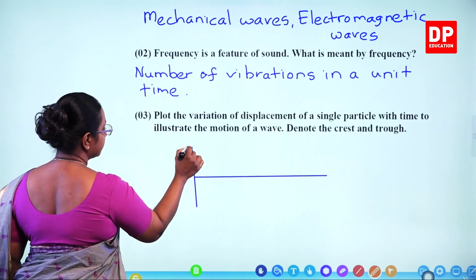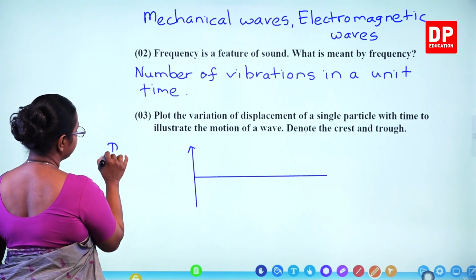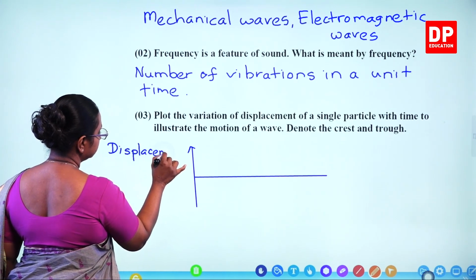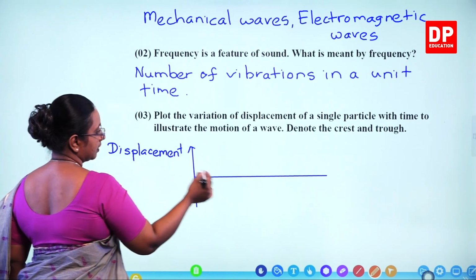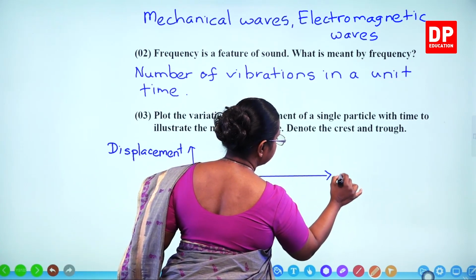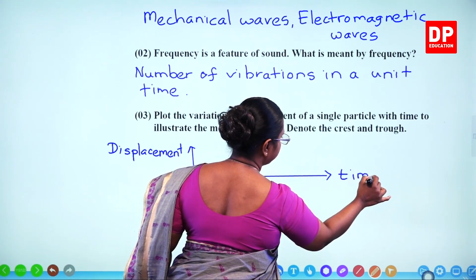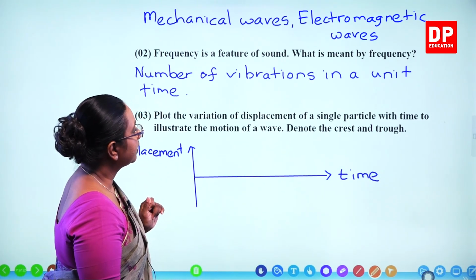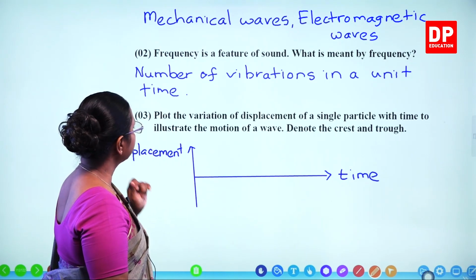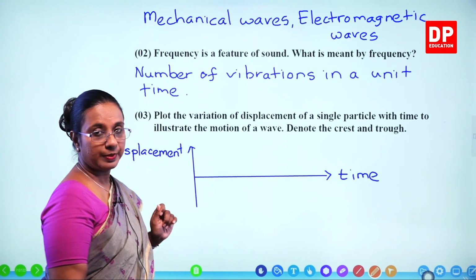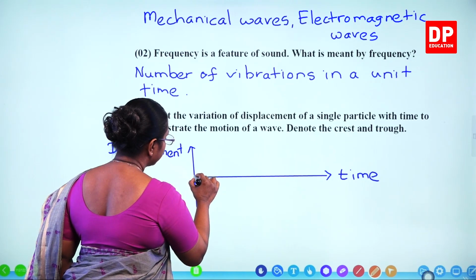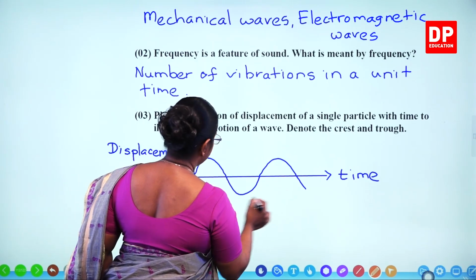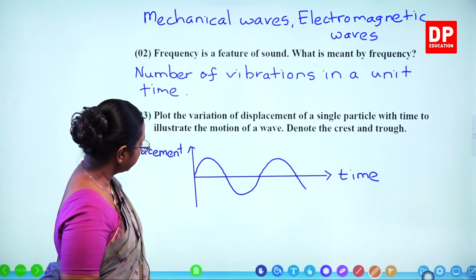So, this axis is going to be displacement, and here this is the time. So, there you will get a wave like this. I am drawing the graph.